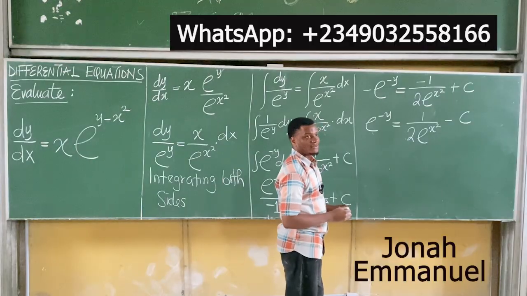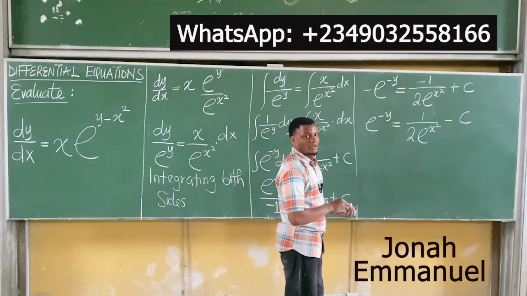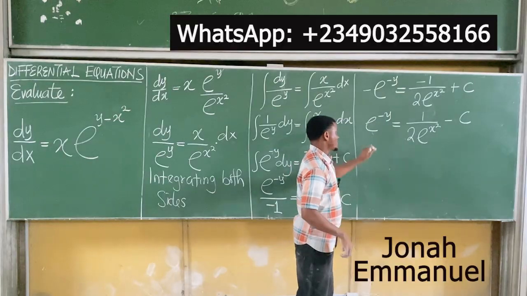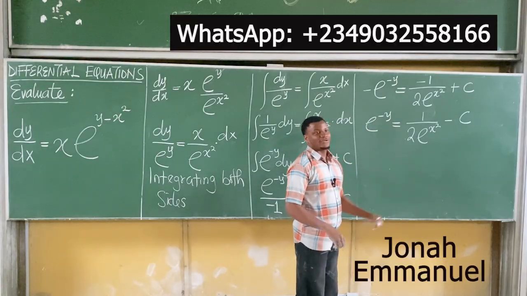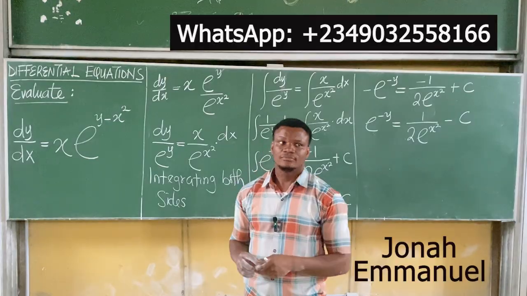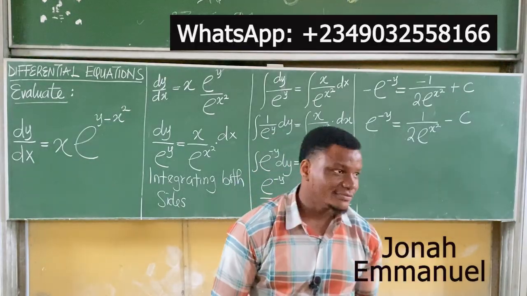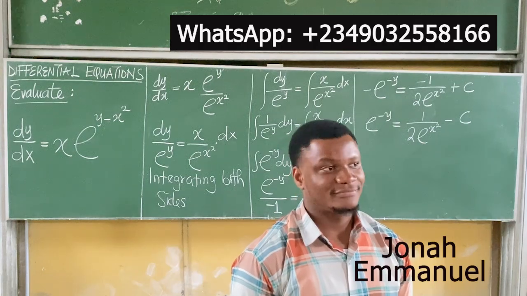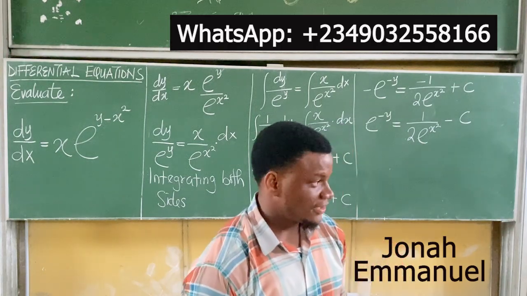If I have exponential, I want to take it out. I have exponential here now. I want to get y. What do we do? Are you taking log? Are you taking ln? Take ln on both sides.